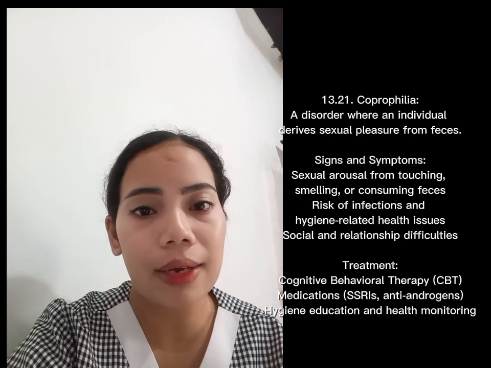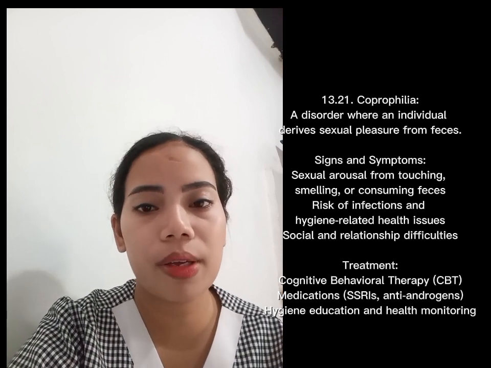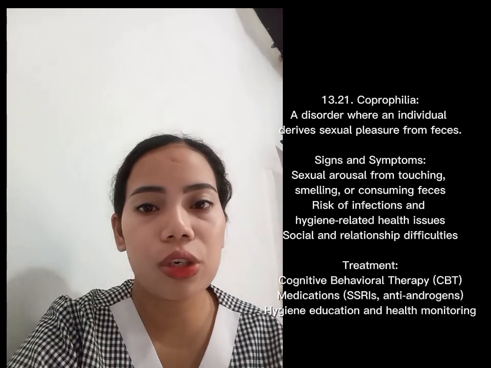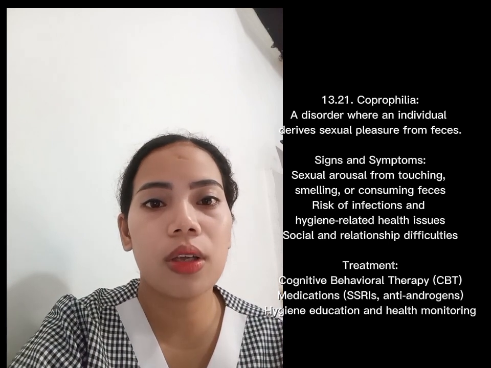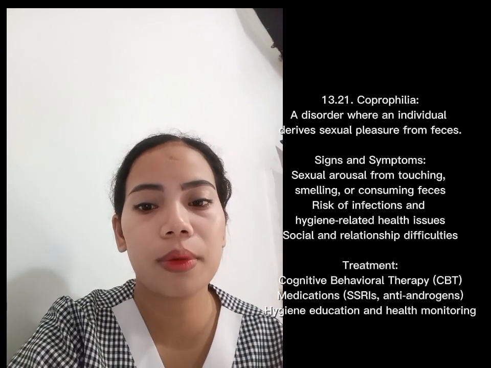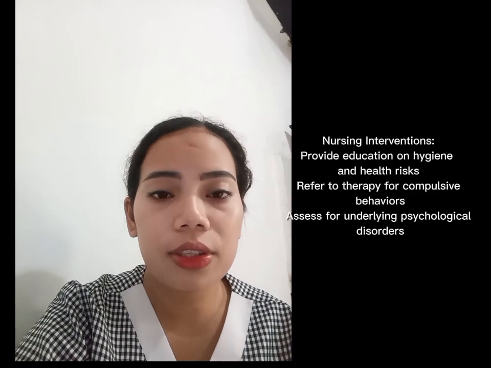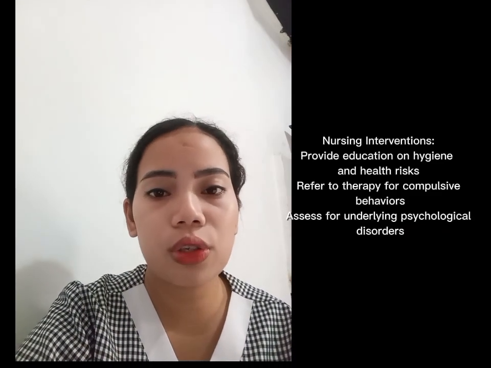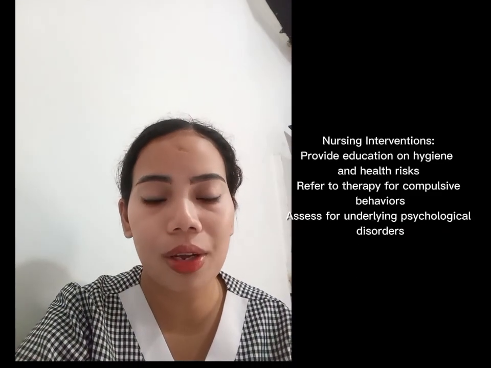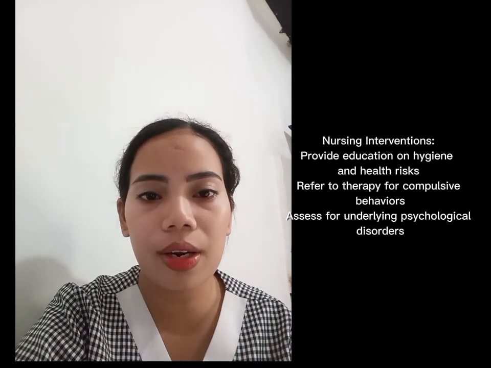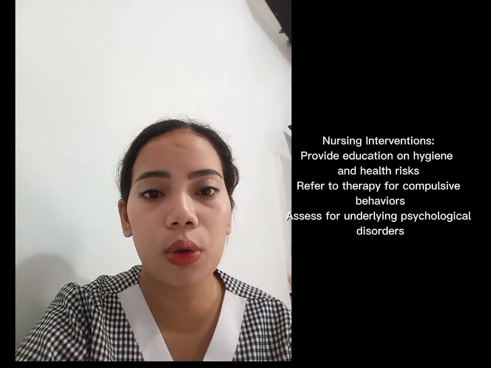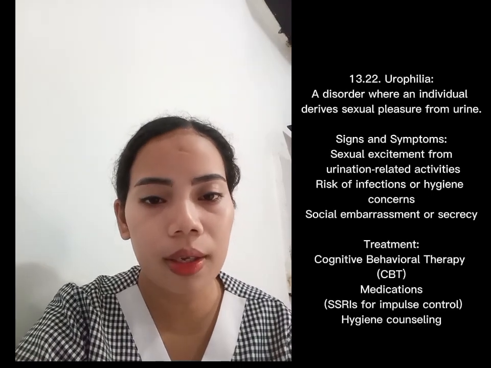For treatment, we have CBT or cognitive behavioral therapy. For the medication, we have anti-androgens, and hygiene education and health monitoring also. For the nursing intervention, we should provide education on hygiene and health risks, refer for therapy for compulsive behavior, and we should assess for underlying psychological disorder.